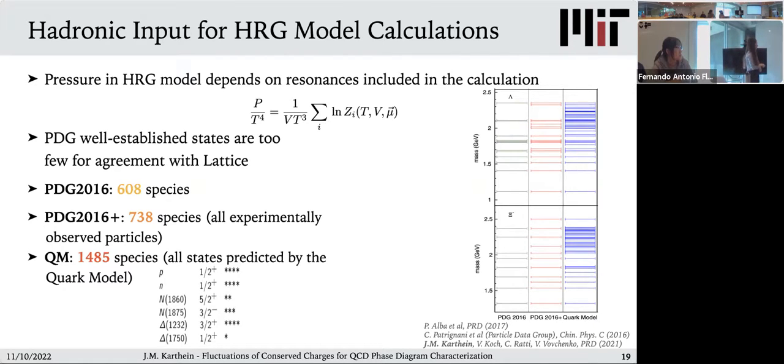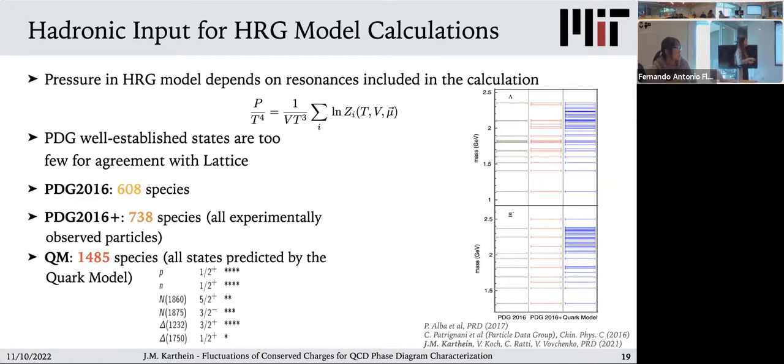And again, going to kind of a limiting scenario, we're using the quark model that can predict all the different types of particles possible with the different combinations of quantum numbers. Then this is, again, a limiting case of the maximum possible number of states. So the plot I'm showing here on the right is just comparing each of these lists.